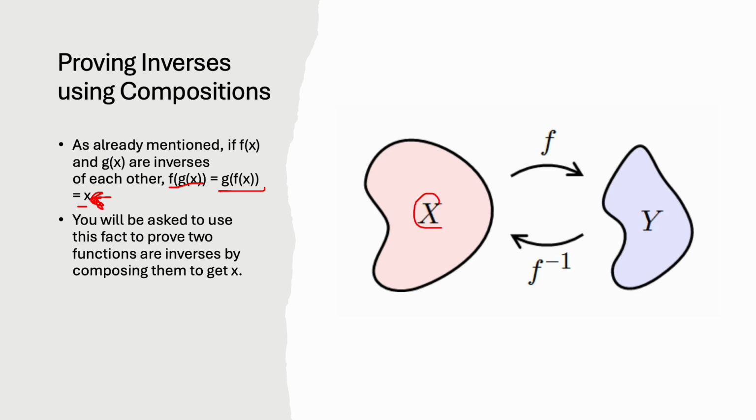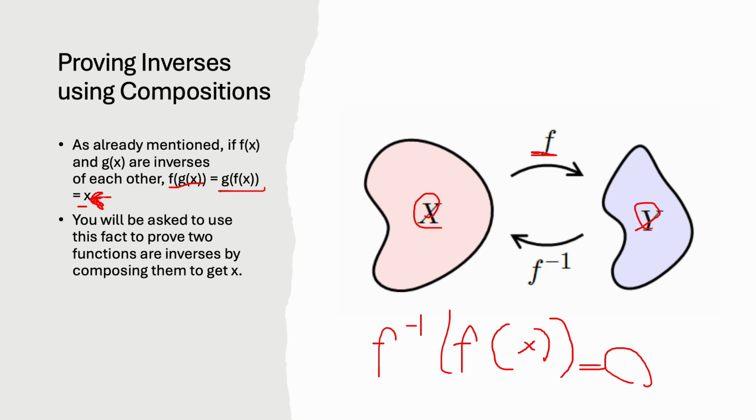If we have x and we do some function on it to make it y, the inverse of that is going to make it go back to x. And so f inverse of f of x is just going to be equal to x, because you can think of it like a loop.